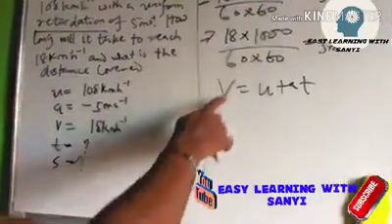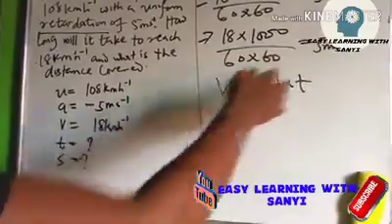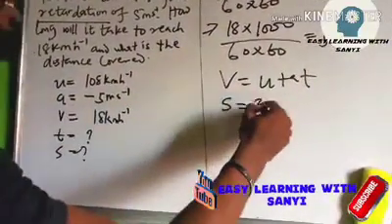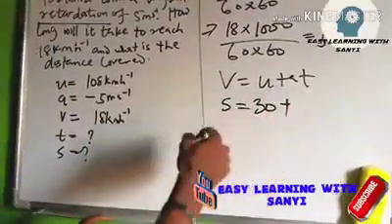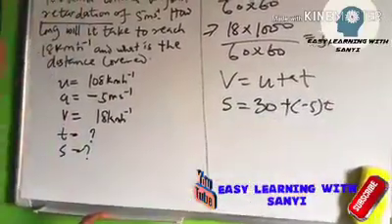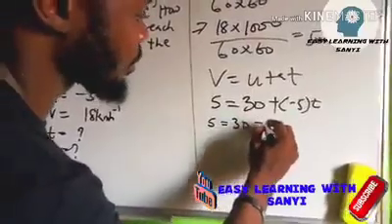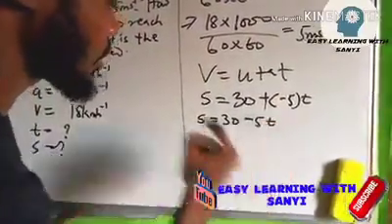So you can see that v here, the final velocity, is 5 meters per second. The initial velocity is 30 meters per second, plus the acceleration, which is negative 5, times t. So that means 5 is equals to 30 plus minus 5t.